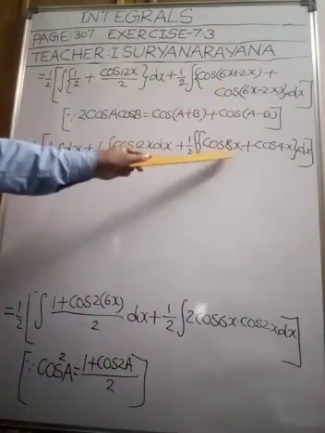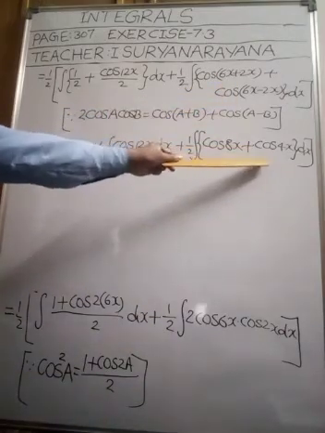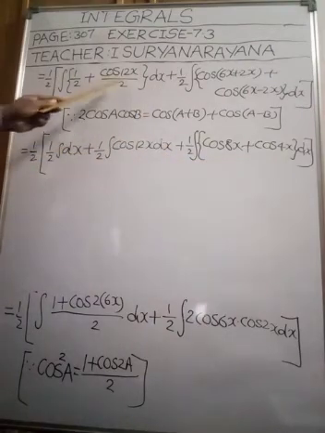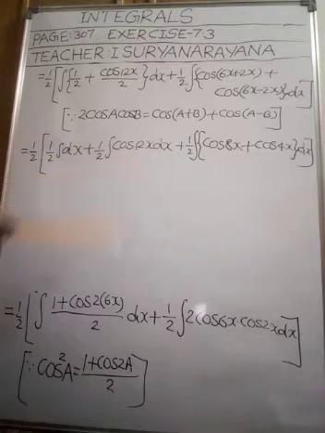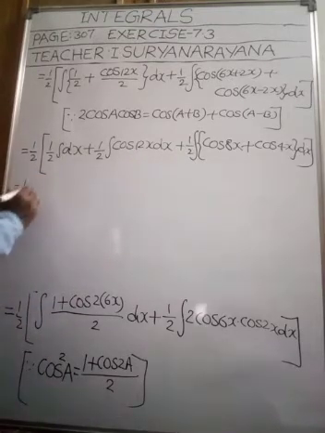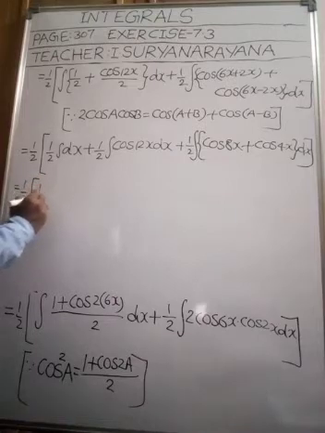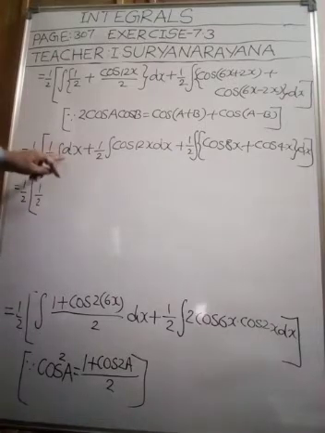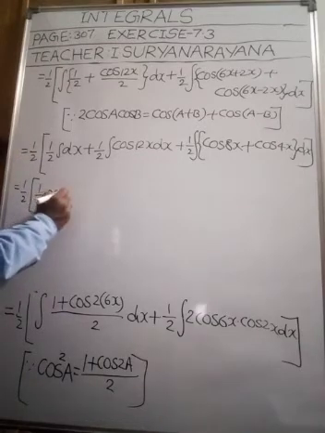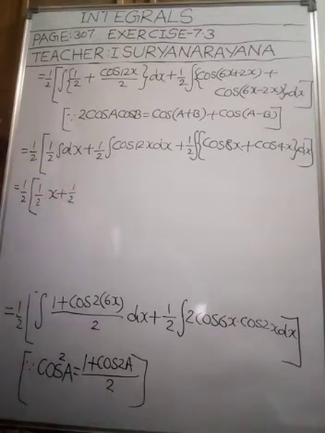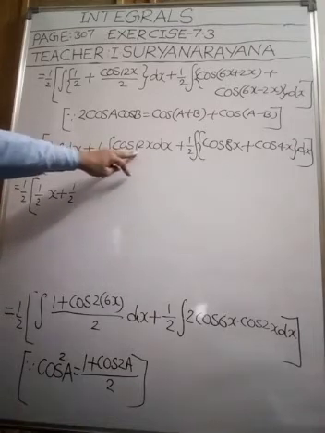We simplified this second term and split it into two integrals. Then we got this step. Understood this step, my children? Right. This is equal to 1 by 2 into 1 by 2 integral 1 dx. What will you get here? x. Plus 1 by 2 integral cos 12x dx.